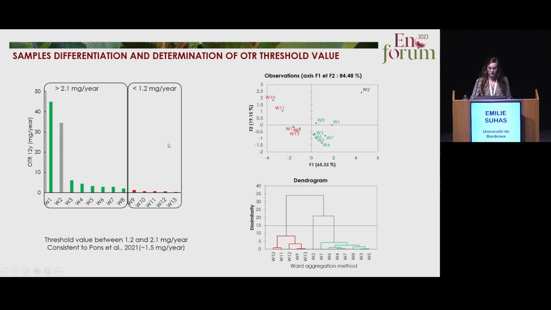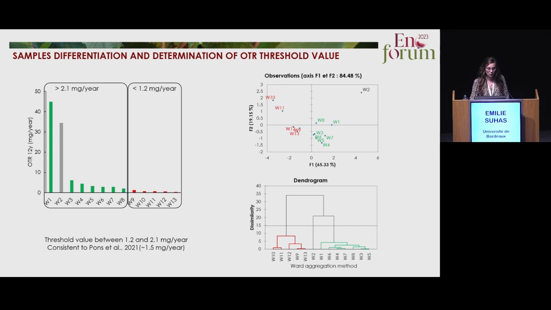If you look at the OTR readings of these different samples, you will see that the samples that are plotted on the left-hand side have OTR readings which are lower than 2 milligrams per year, while the other groups have readings of 2.1 milligrams per year or above, again after 12 years of aging.